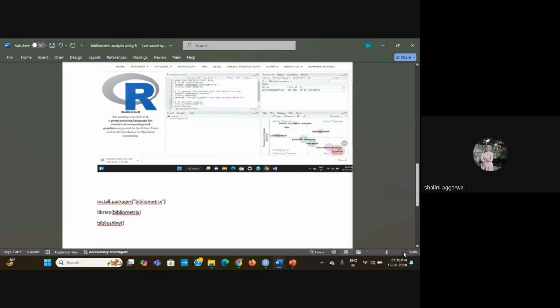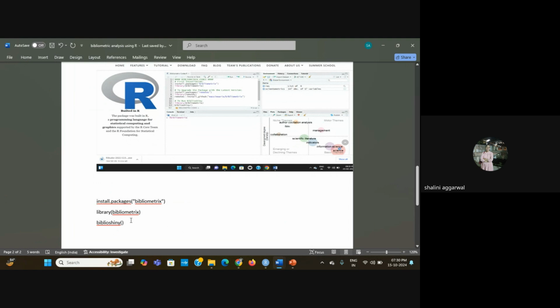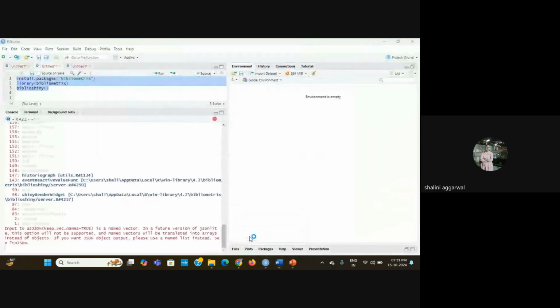Let me increase the font size. You have to copy these 3 commands and paste them here in this window, then select the whole of them and click the command run.